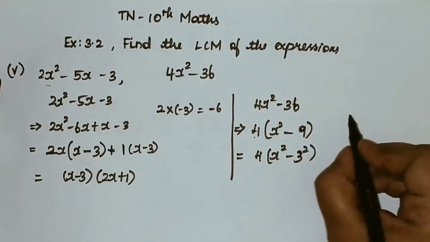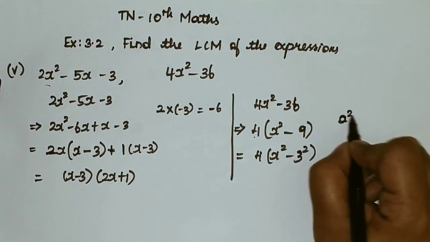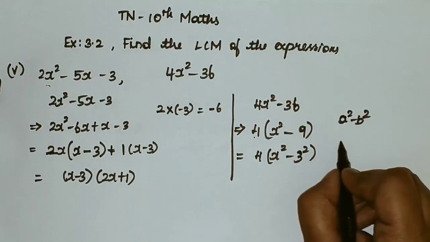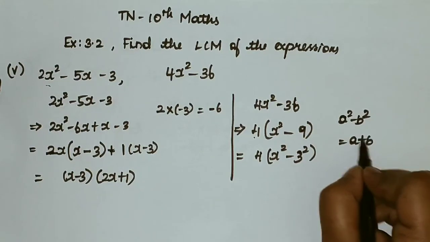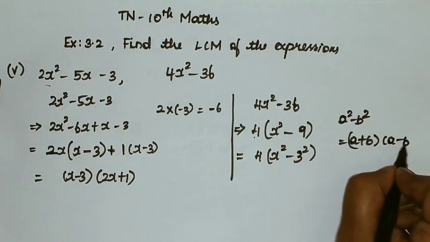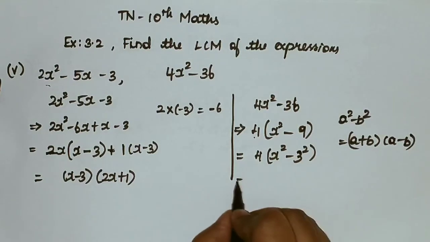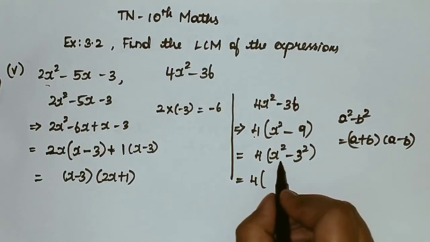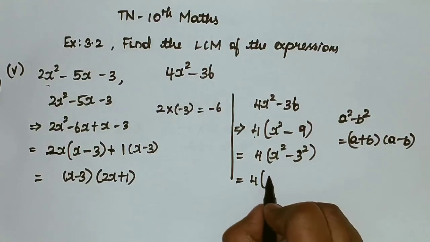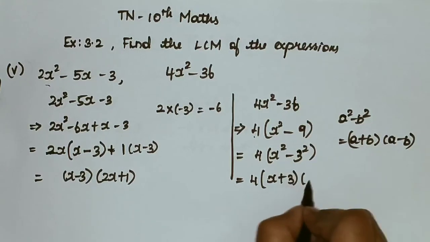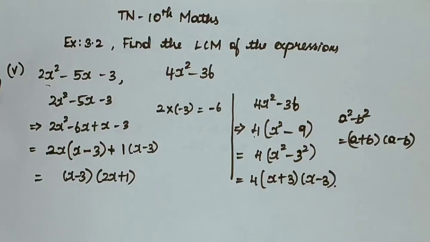So see, this is in the form of a square minus b square. What is the answer? A plus b into a minus b. In the place of a it is x, in the place of b it is 3 here. So 4 into, what is x square minus 3 square? x plus 3 into x minus 3.